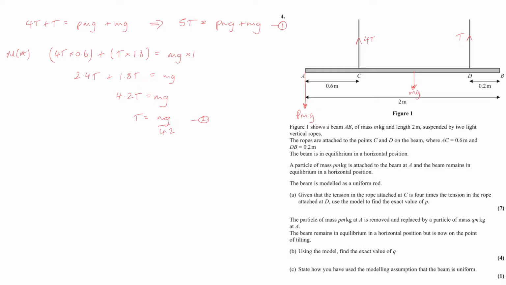And substitute this into equation 1. So 5 times mg over 4.2 equals pmg plus mg.